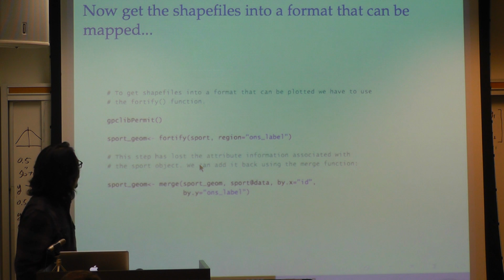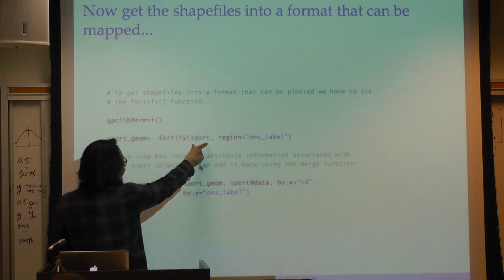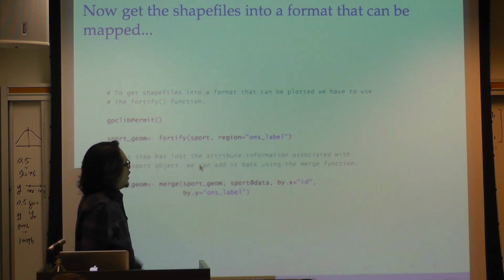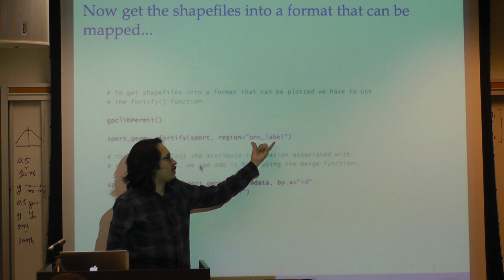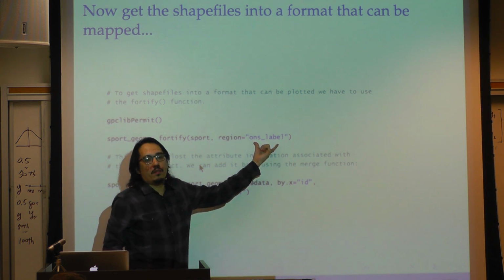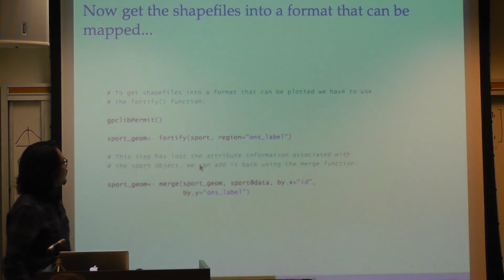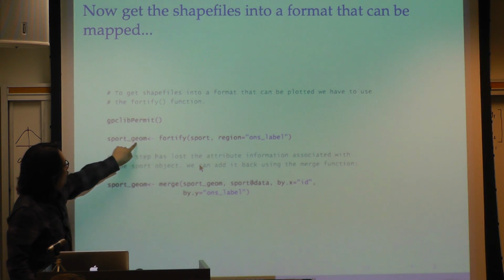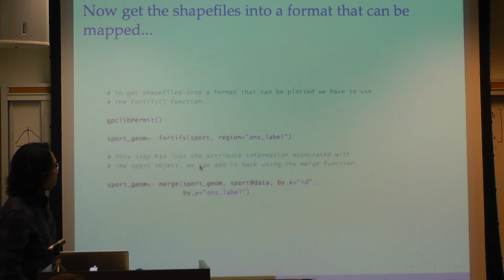So you just do that using this fortify function for the sport object, and for the region you specify the identifier of the polygons. In this case, the variable is called onLabel. And you are going to save this as sport geom. And then we will merge.